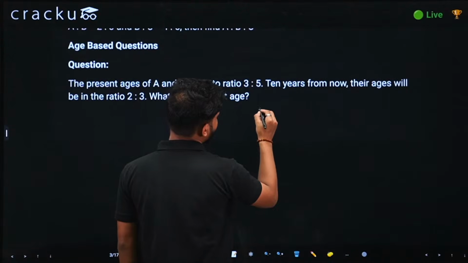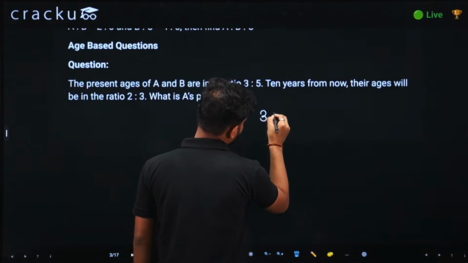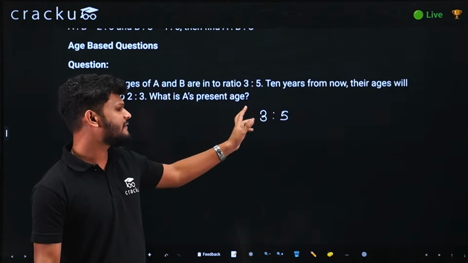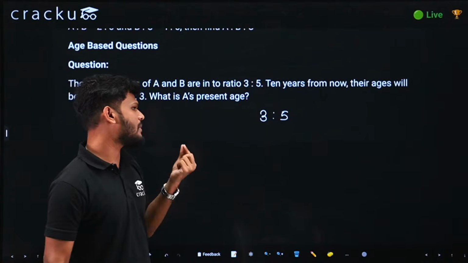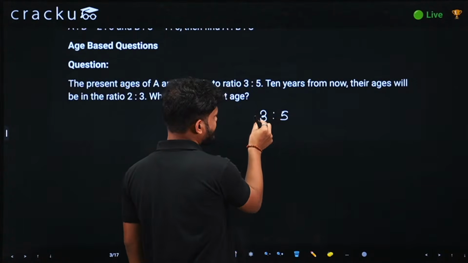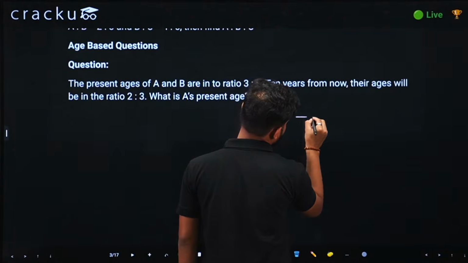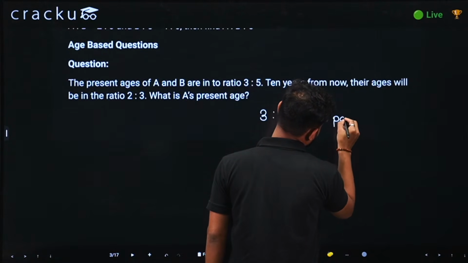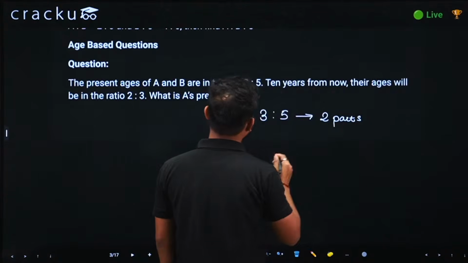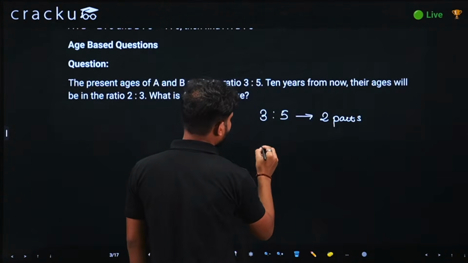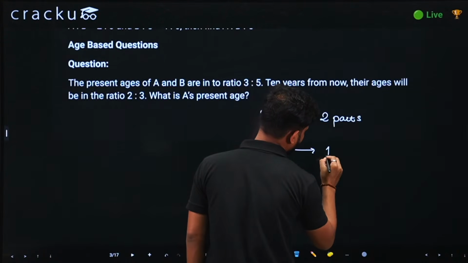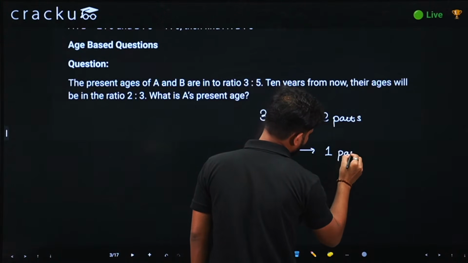It is given as 3 is to 5, right? So 3 is to 5. Now you can find the difference in terms of parts. So this is 5 parts, this is 3 parts. What is the difference? The difference is 2 parts. Right? Now after 10 years what happens? It becomes 2 is to 3. Now this difference is what? It is 1 part for this ratio.